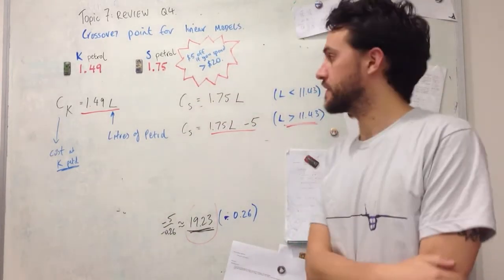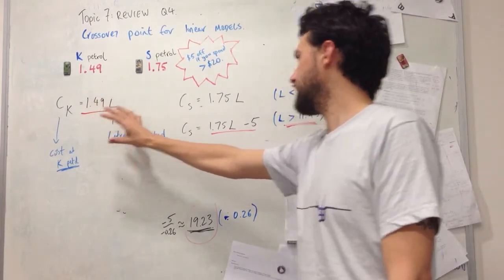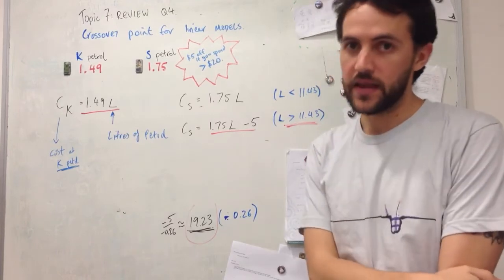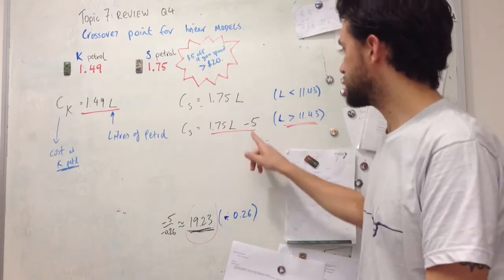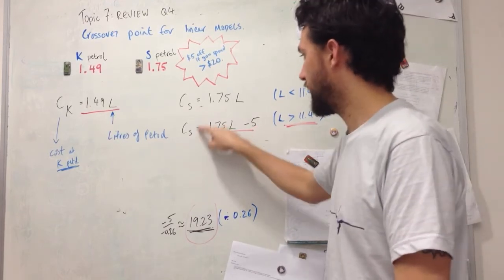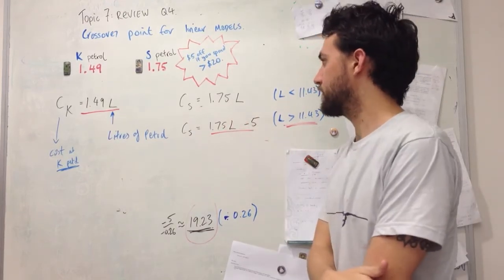The question we're asked is, when is it going to be the same price here as it is going to be here? It basically means, for what number of litres is this negative 5 going to change this rate to 1.49?